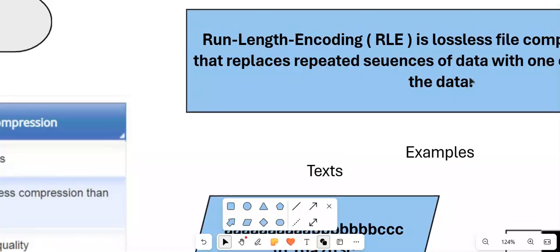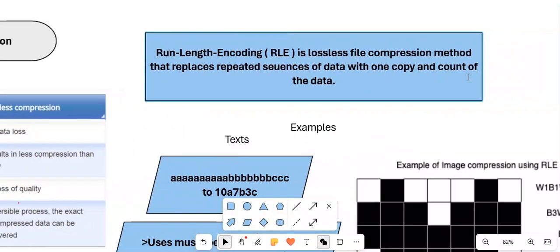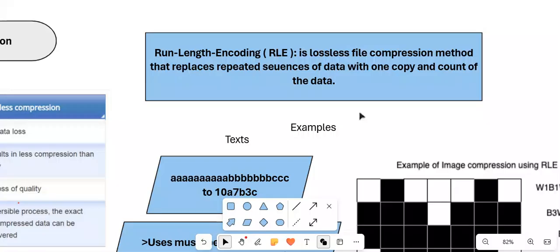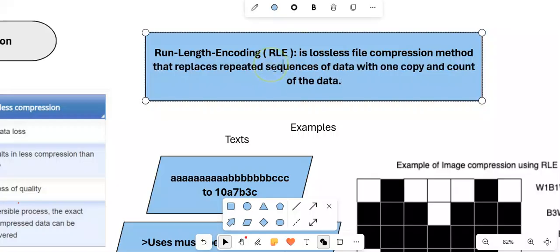Okay, let's see the actual definition of RLE. If they ask you in the exam, you are going to write this. RLE is a lossless file compression method that replaces repeated sequences of data with one copy and a count of the data.